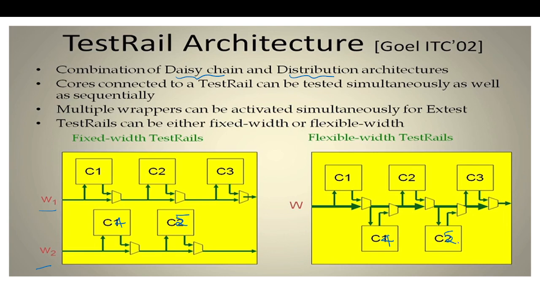Whereas in the flexible width, we have some bits from the W used to test C1, some bits from the W to test C2, and similarly for C3, C4, and C5. So this is the fixed width and the flexible width test.